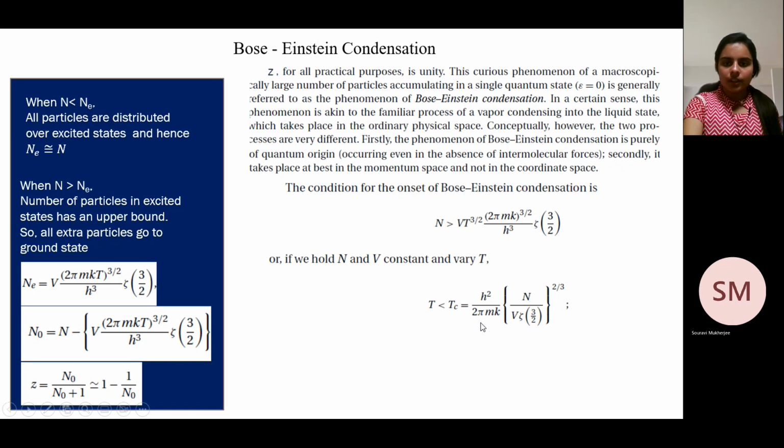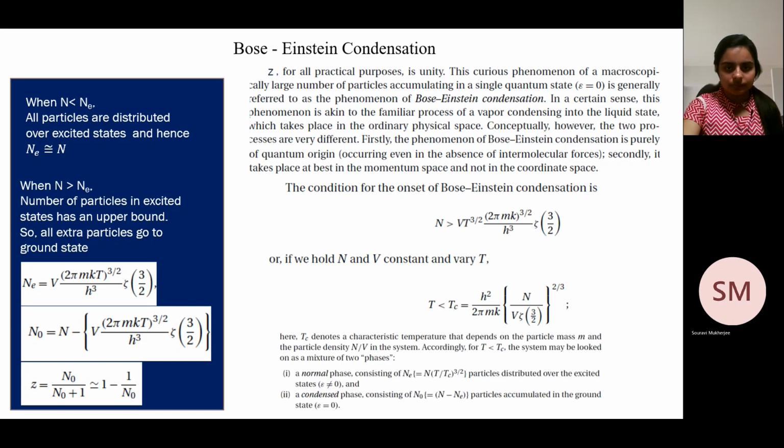So when you go below a particular temperature, this effect can come in, where there is a large number of particles coming to the zeroth energy state. Here Tc denotes the characteristic temperature that depends on the particle mass m and the particle density n by v.